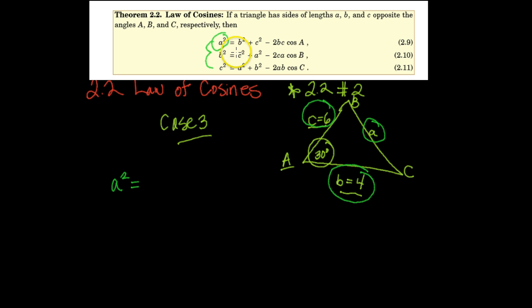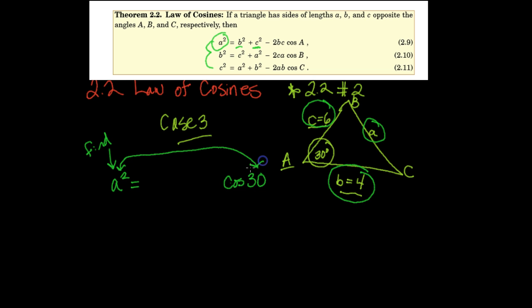Now, what I was trying to say is that the other two sides, whatever you're given, are the sides that you're going to square on the right-hand side. So this is the side that you want to find. And the other cool thing about this is it's going to be the cosine, because this is law of cosines, right? So it's going to be the cosine of the angle that's associated with this side.